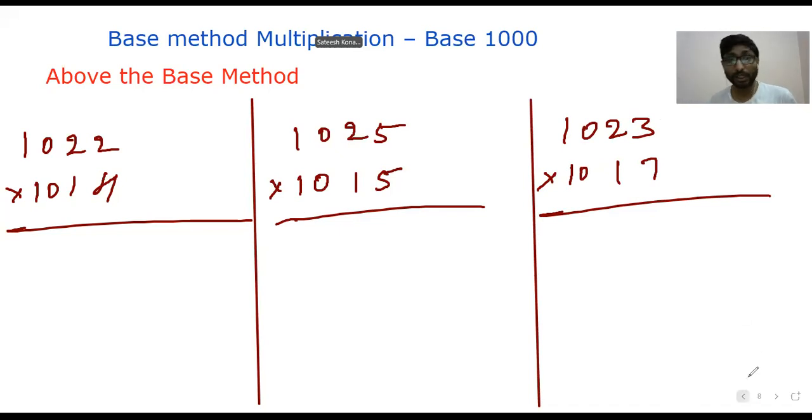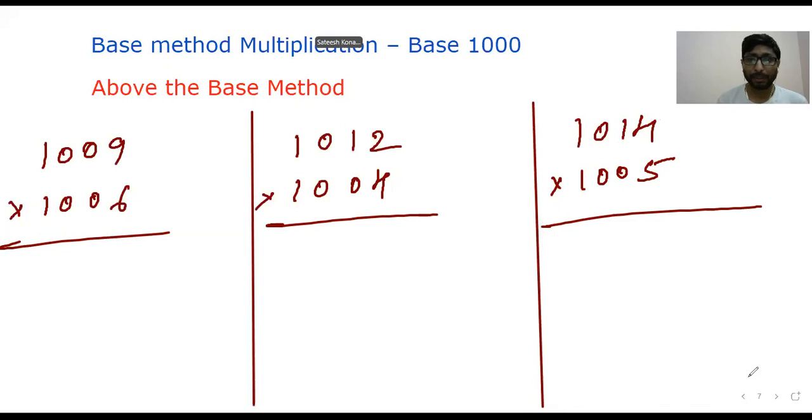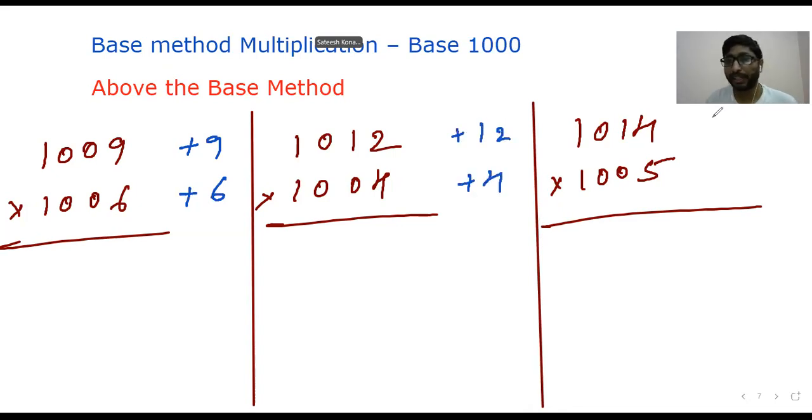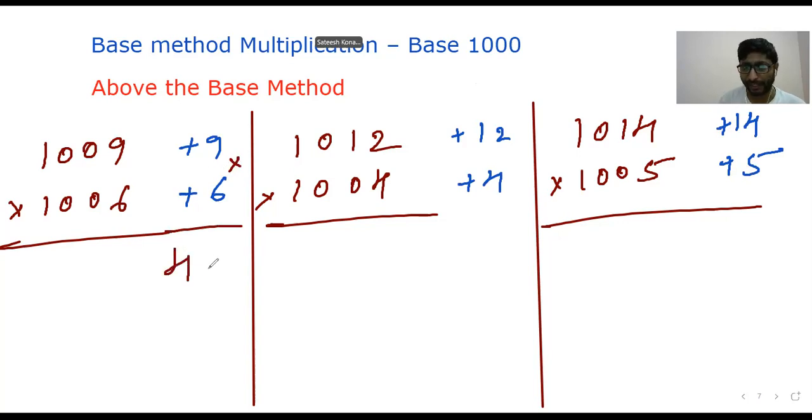So for doing this one, you need to know the multiplications well. See, look here now. Simple. See, 9 plus 9, 9 plus 6, 12 plus 4, 14 plus 5. Right? So 9 6s are 54. Sorry, 9 6s are 54.